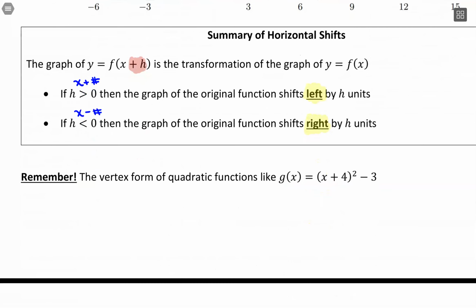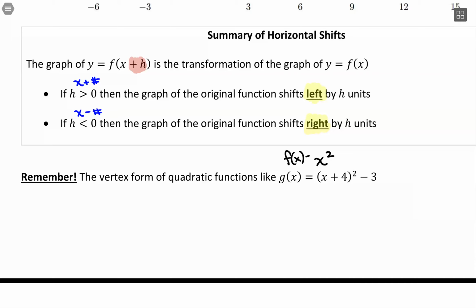So this vertical shift and horizontal shift, we've already looked at a little bit with our vertex form of a quadratic function. So if our original function is x squared, what we're doing here is exactly like taking, let me call this f of x.